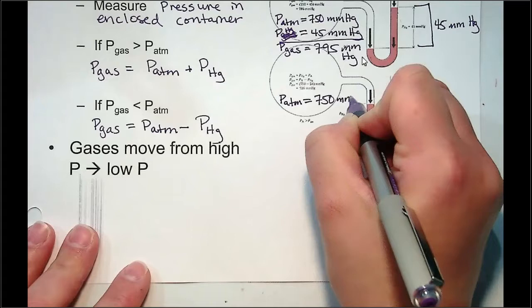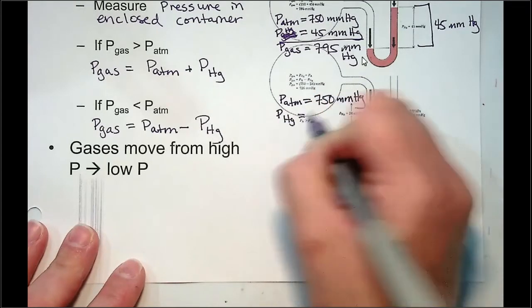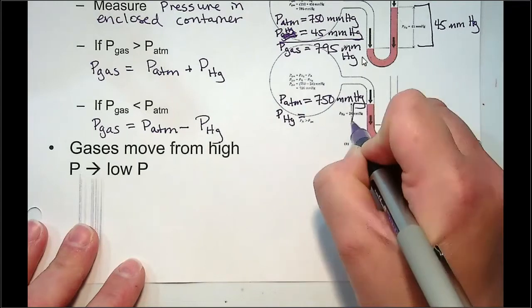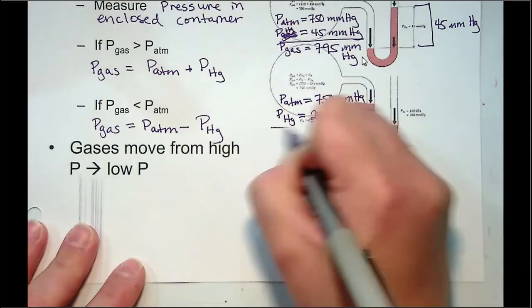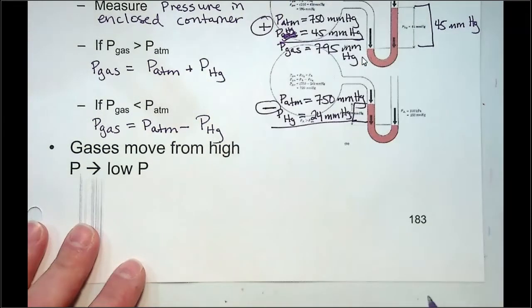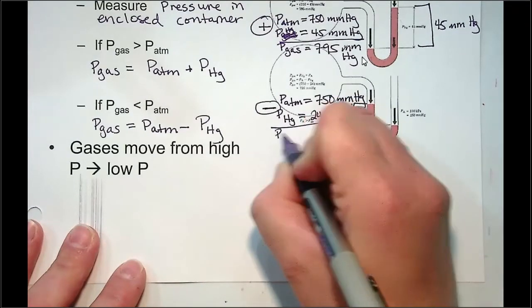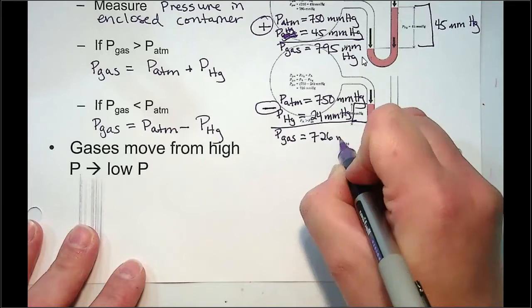You just get that from measuring it on a barometer. The pressure of your mercury in this little guy is 24 millimeters. So then you subtract. In this one we added. So the pressure of our gas is 726 millimeters of mercury.